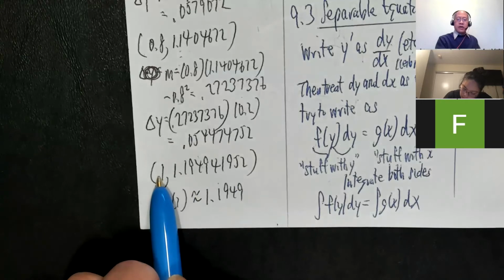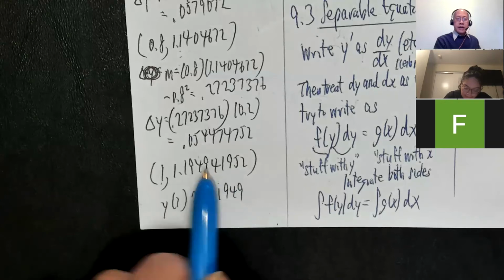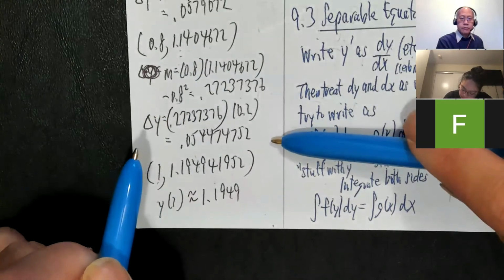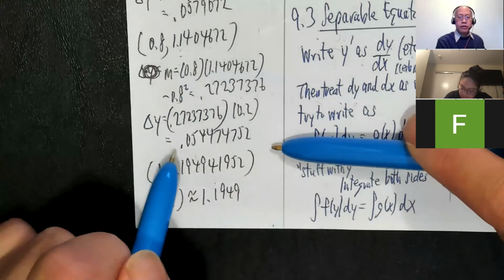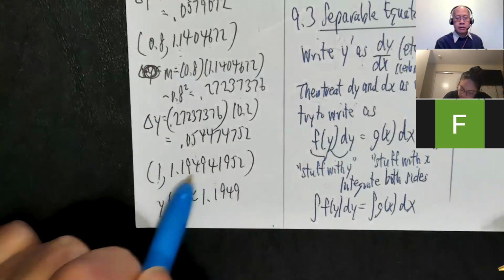So the new x is definitely 1. We already knew that ahead of time. How to get this mess? The new y is the old y plus delta y. So I used to be at 1.14. I've risen 0.05. So now I'm at 1.19, etc.